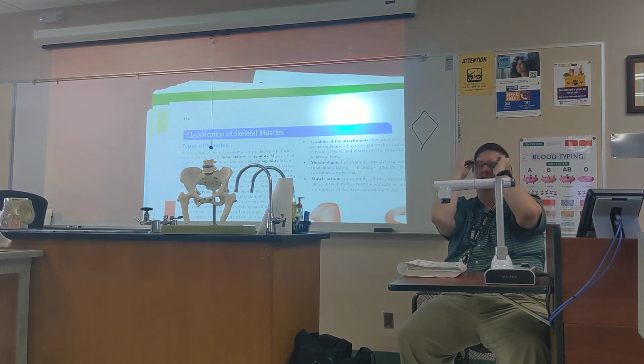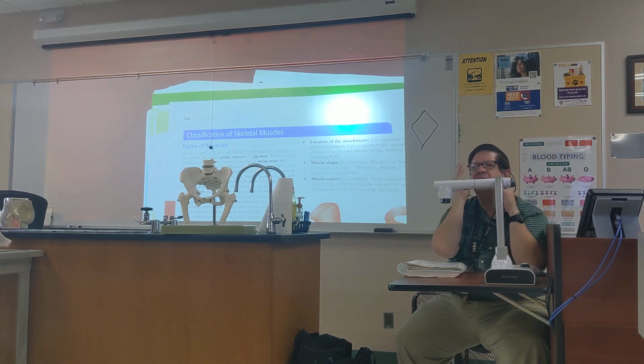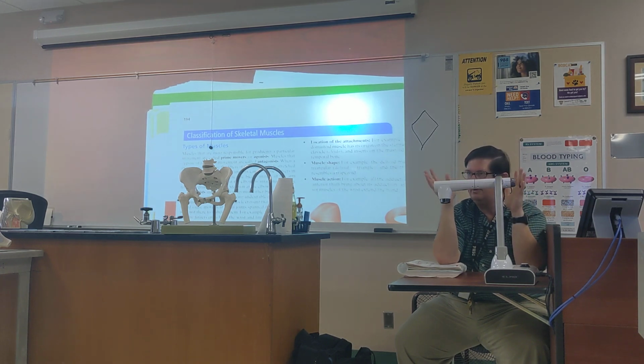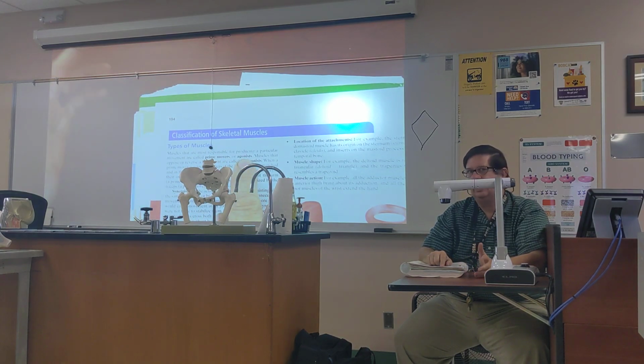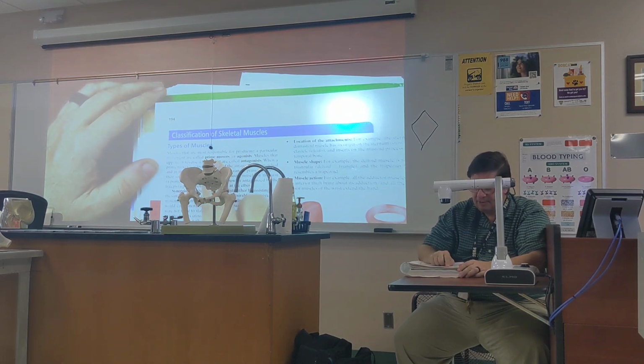So our biceps brachii is the main muscle flexing the elbow. So it's also called an agonist. I don't know why they have to have two terms, but anyway. The prime mover makes a thing happen, produces a particular movement, also called an agonist.